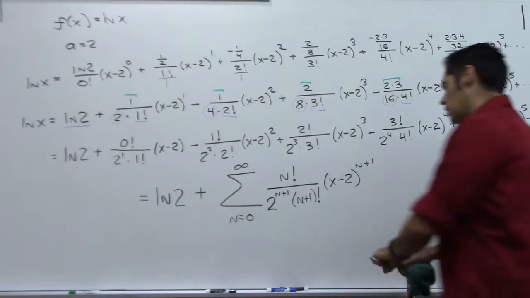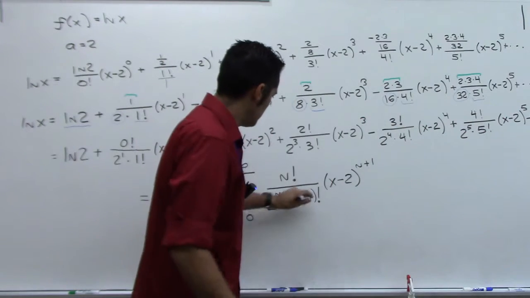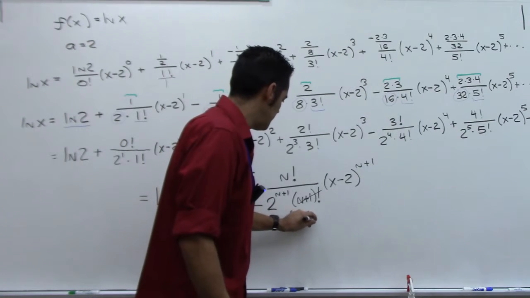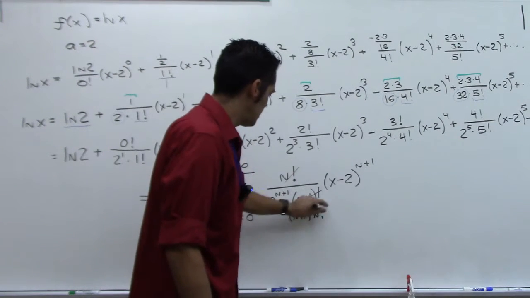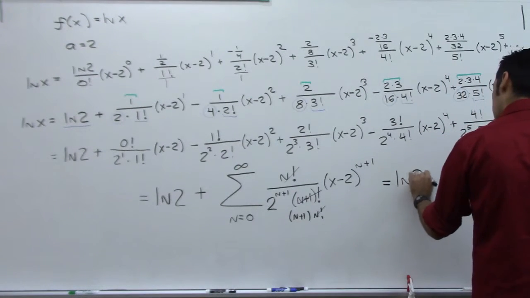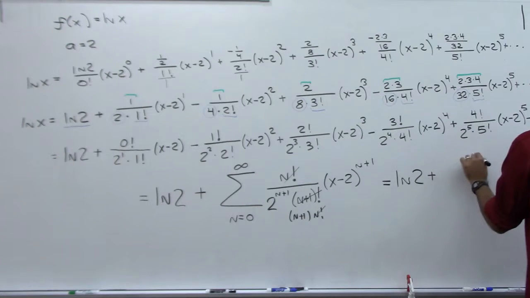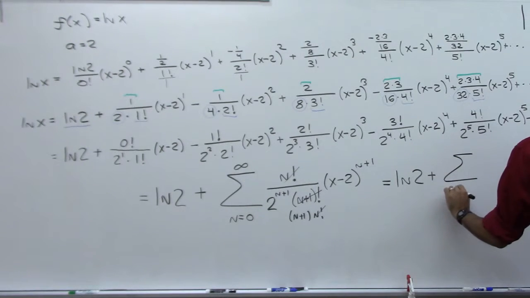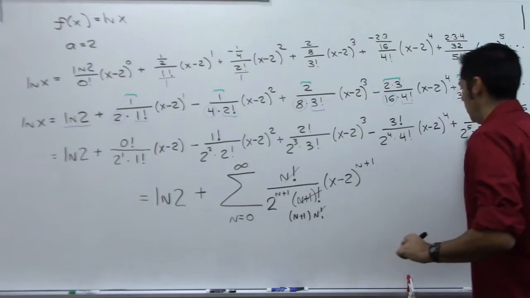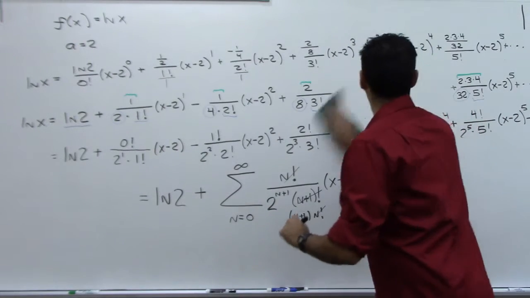But there's a little bit of cleaning up I can do. I can rewrite the n plus 1 factorial as n plus 1 times n factorial, and cancel.